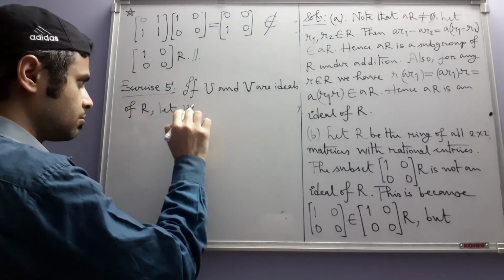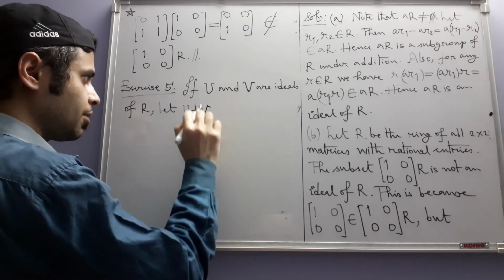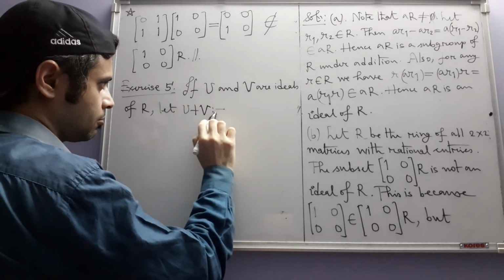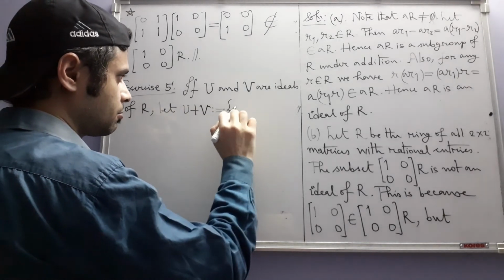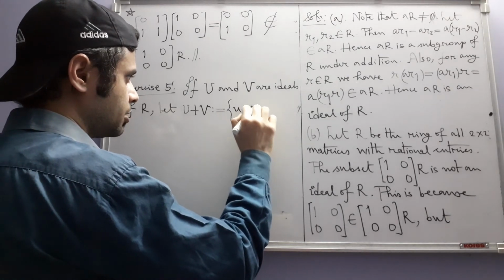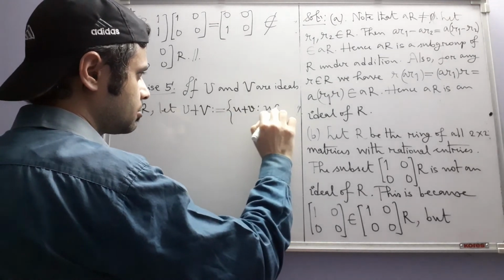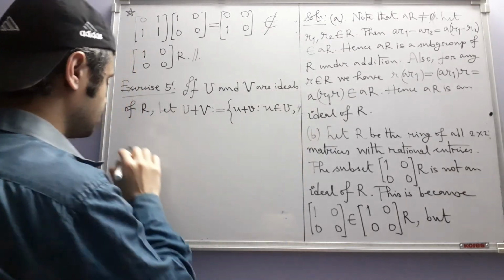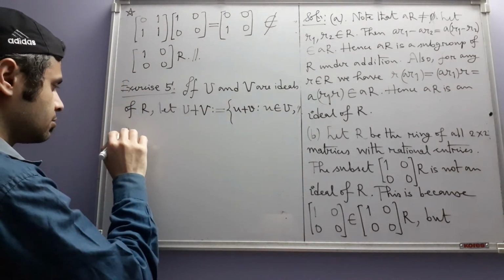Let U plus V be the set of all elements which look like this.